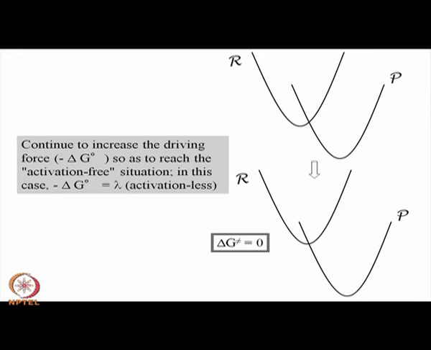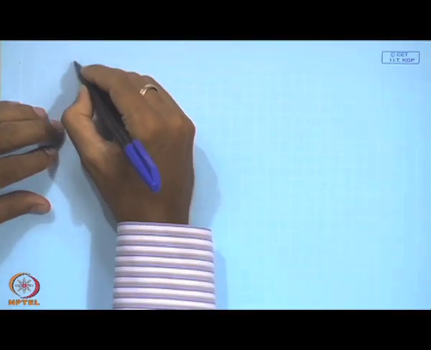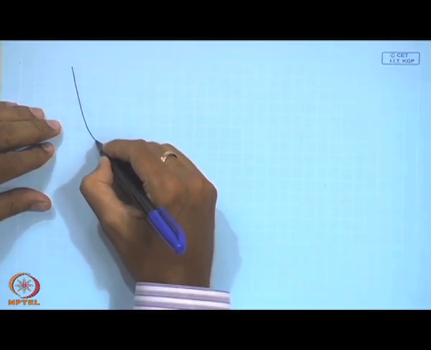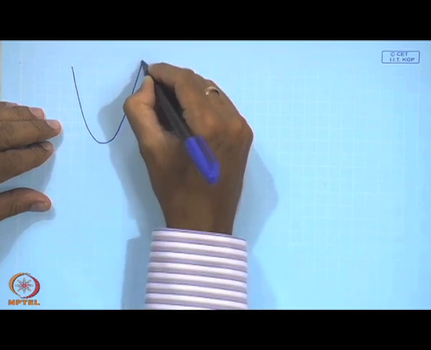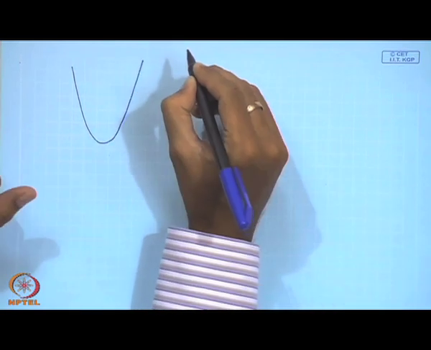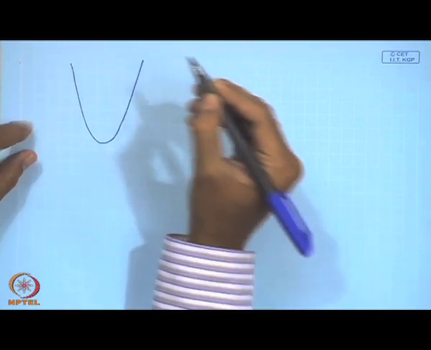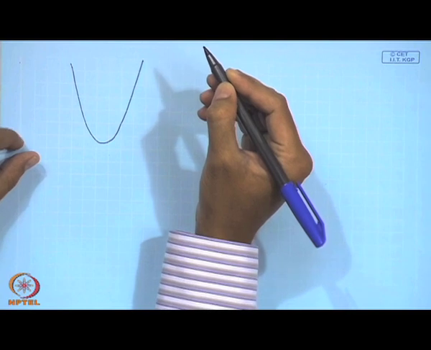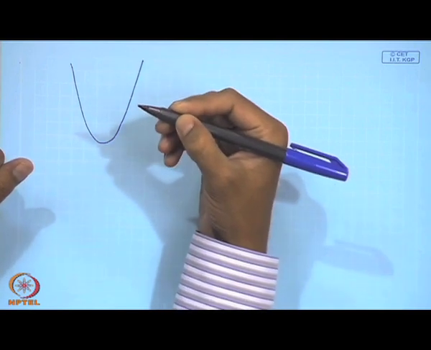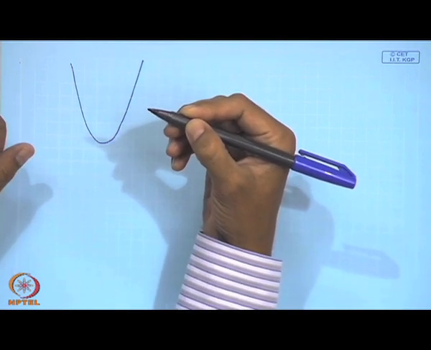Okay. So, if you continue to increase the driving force, that is minus delta G, in terms of the negative value, you reach a situation like this, where you have one potential energy surface. In that case, you approximate this potential energy to a harmonic oscillator potential energy, so that the model will be easier to describe.